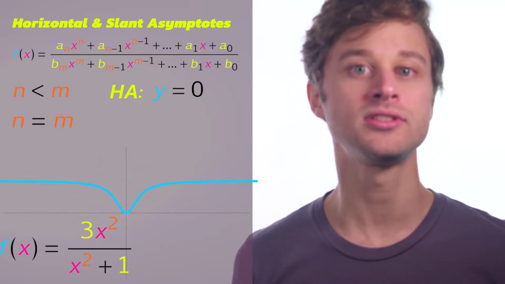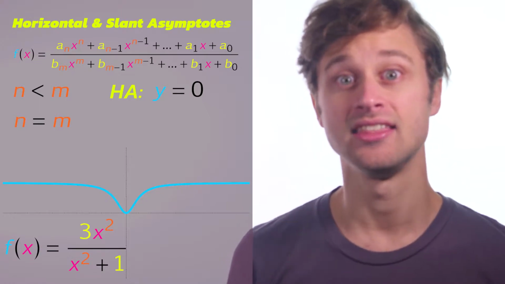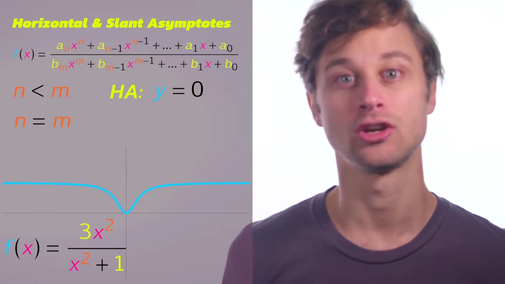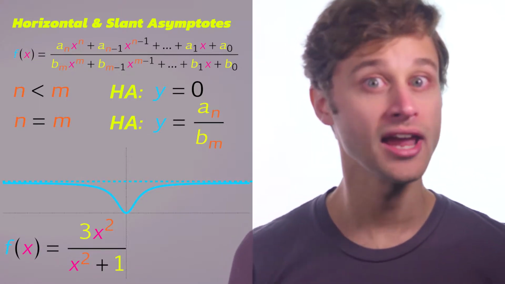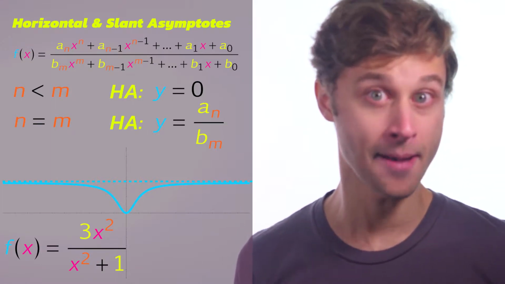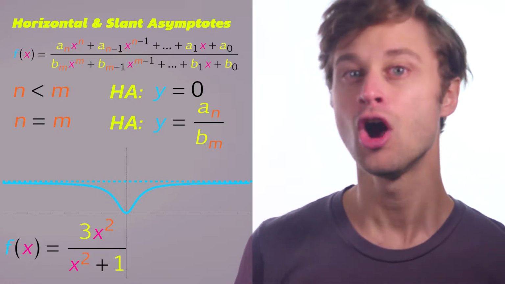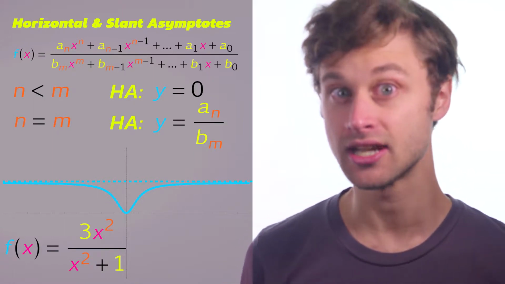If n is equal to m, then the function is said to be balanced, and the horizontal asymptote is equivalent to the horizontal line y is equal to a sub n over b sub m, which is just the ratio of the leading coefficient of the numerator over the leading coefficient of the denominator.